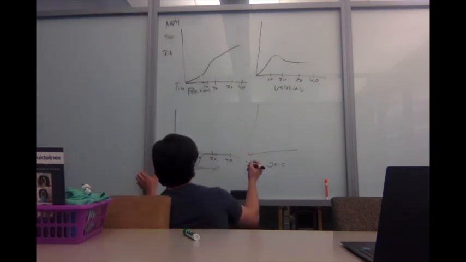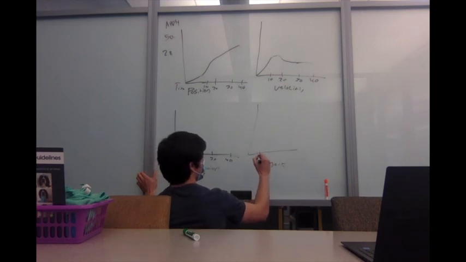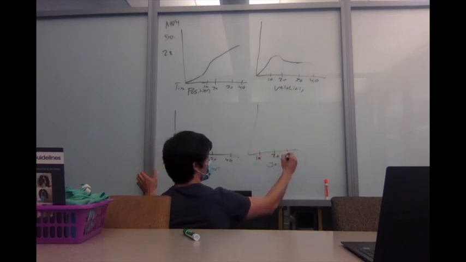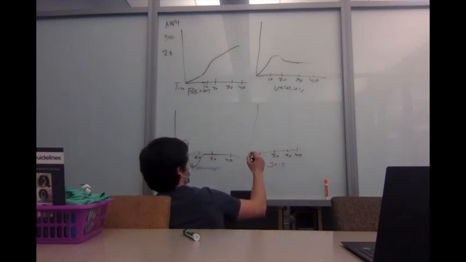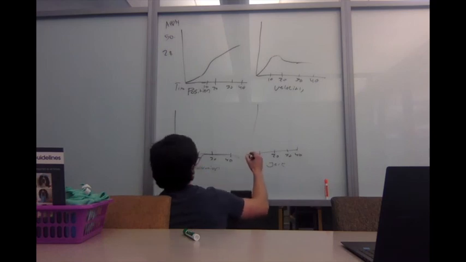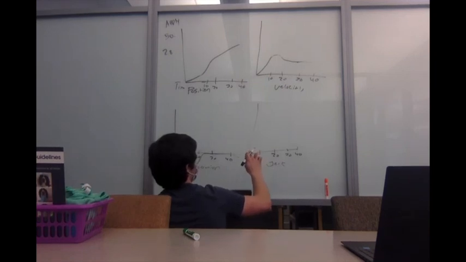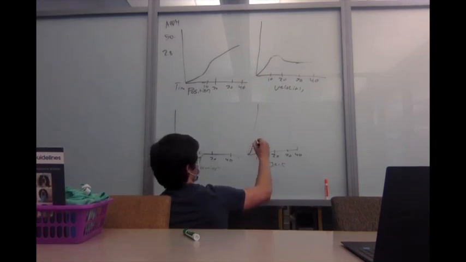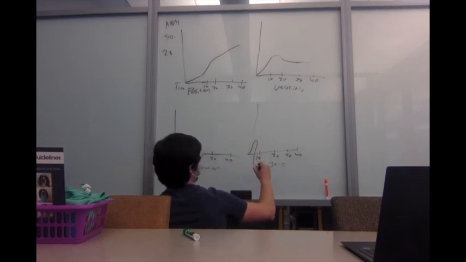And then jerk. Let's see. So we're looking at this here. It's going up and up and up, and then at like 5 seconds it goes to 0 or something. So it goes up and then down, and then it's very, very negative, and it's almost the same thing, and it goes back up.